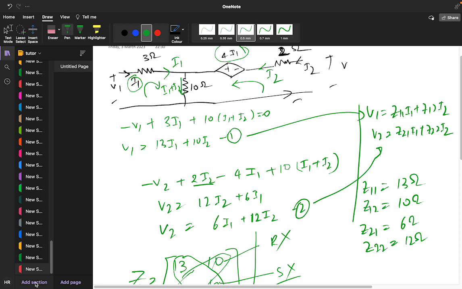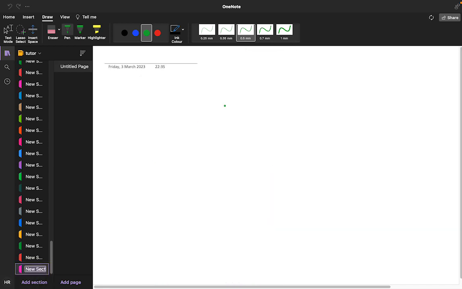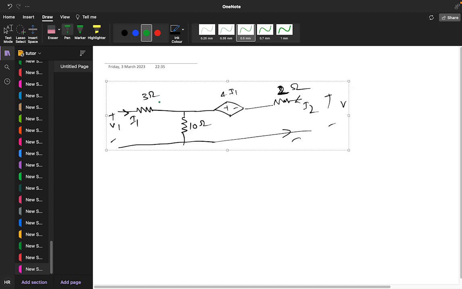Okay, so how will you do it? Prasanna, what have you written in the notes for H parameter? Can you tell me the exact general formula of an H parameter?